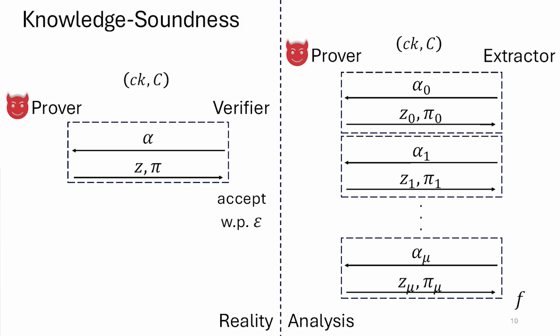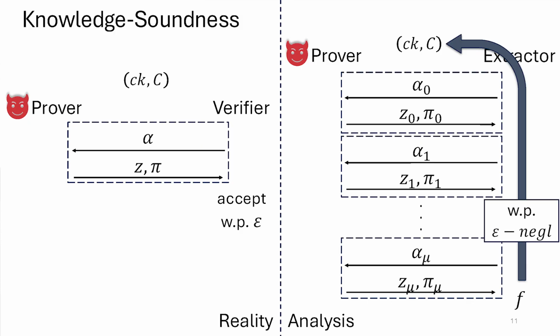Then what we want is that there exists an extractor, in the analysis, like a thought experiment, such that if we can submit many evaluation queries to the prover and get values with accepting proofs, we will construct a polynomial. What should be the property of this polynomial? Well, it should be consistent with the commitment, with probability that's roughly the same as the success probability of the verifier in reality.